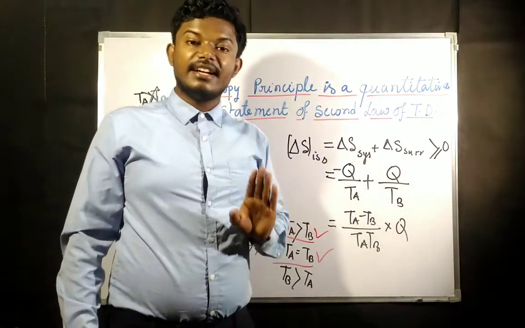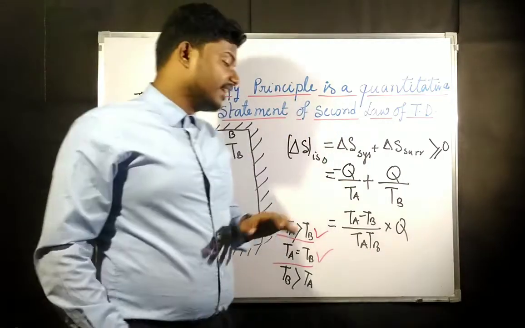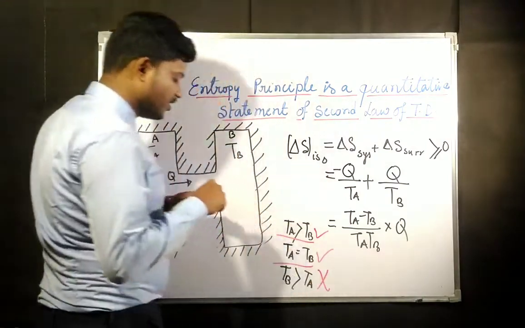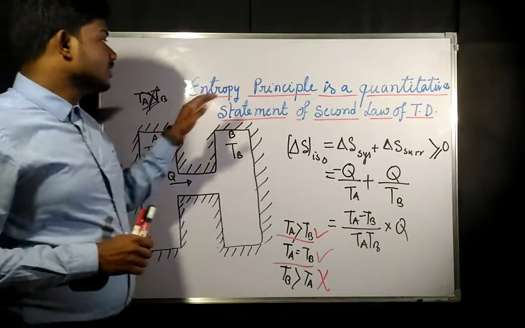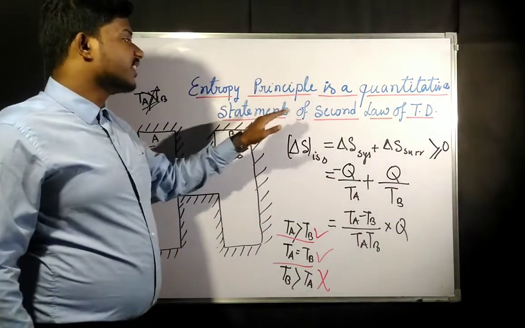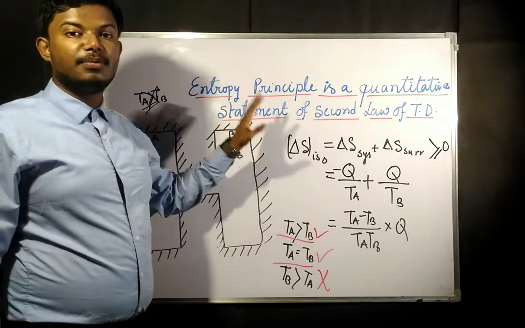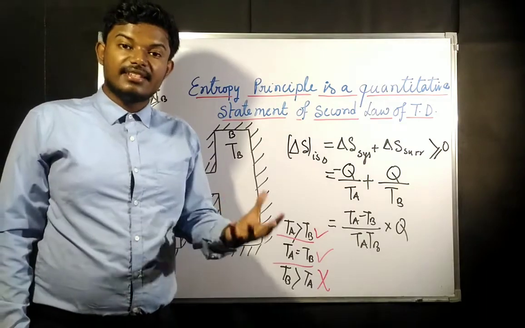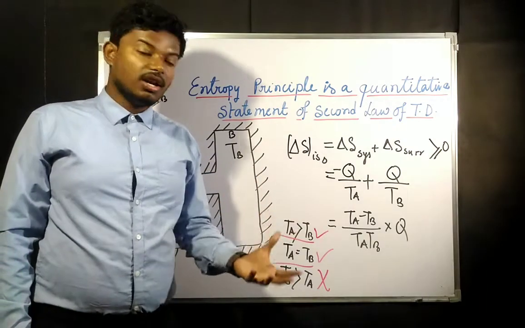It can never decrease. Entropy can never decrease, so this is never going to be possible. So just by the quantification of the second law of thermodynamics, the entropy principle tells us about the feasibility of a system, whether a system is going to be feasible or not.